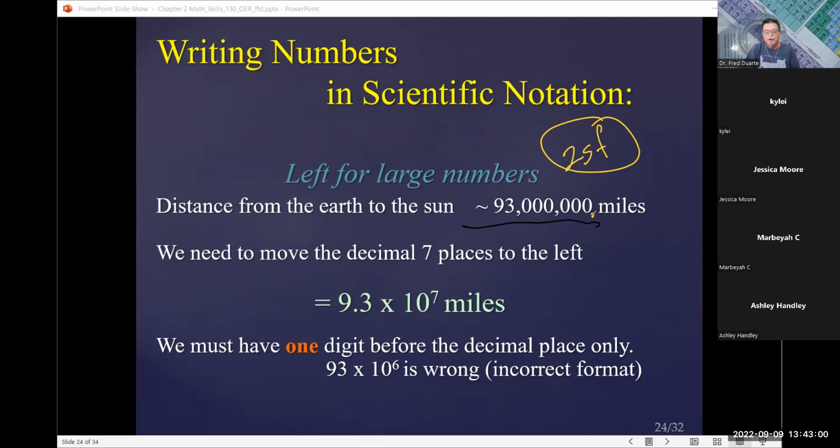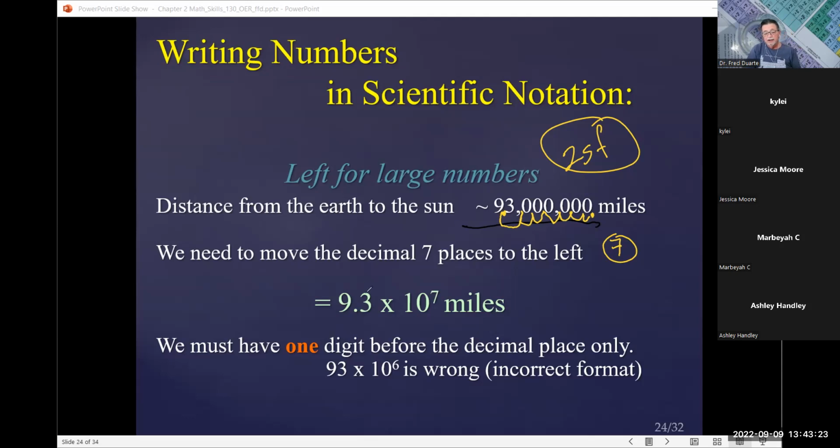So we start here and go 1, 2, 3, 4, 5, 6, and here it is 7.